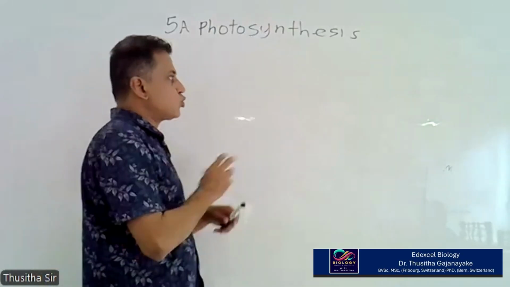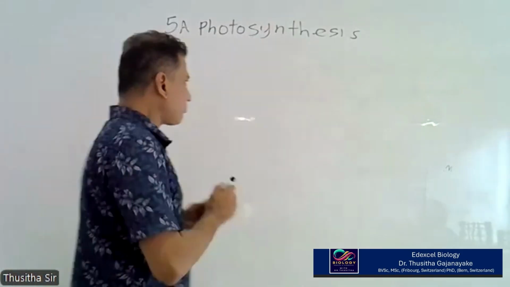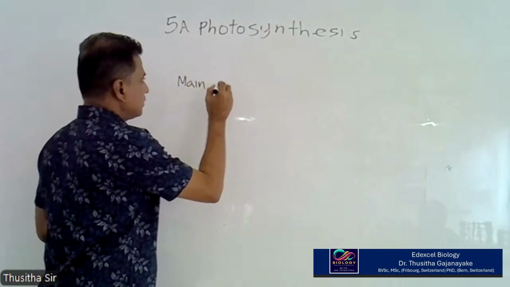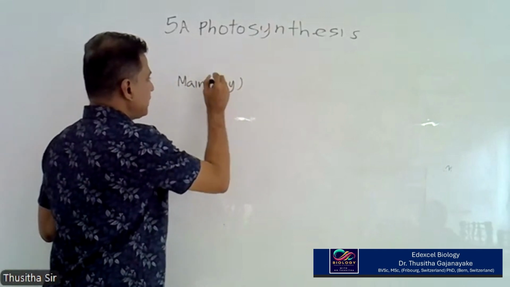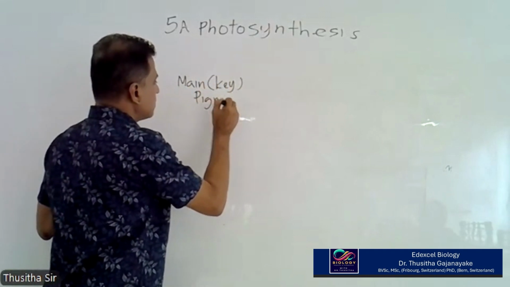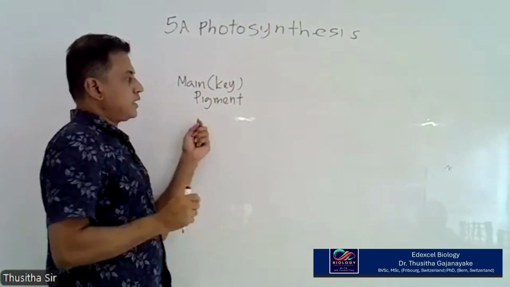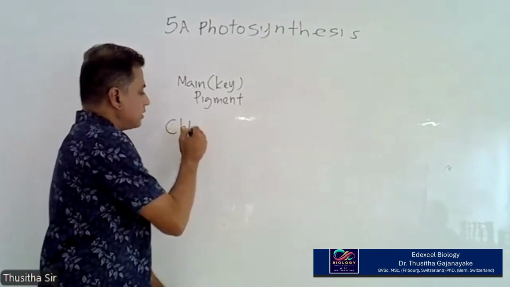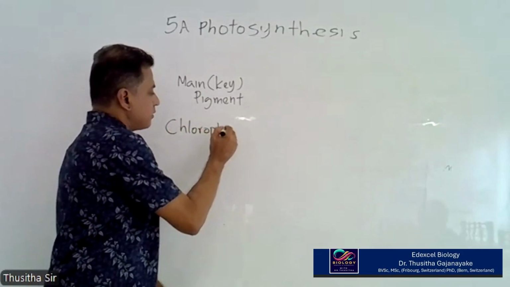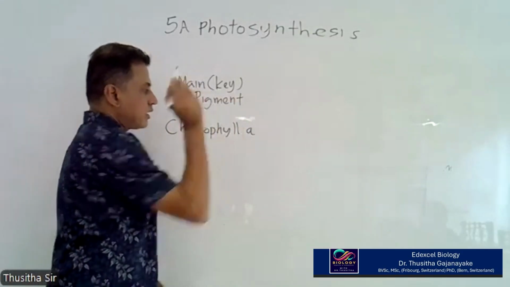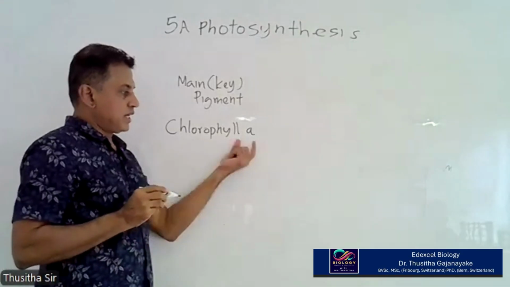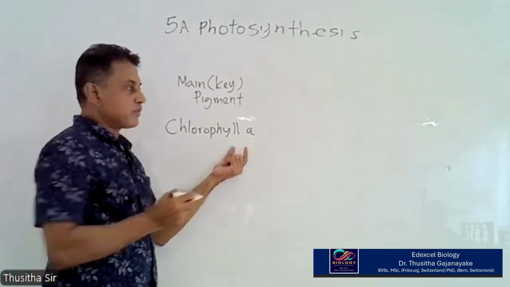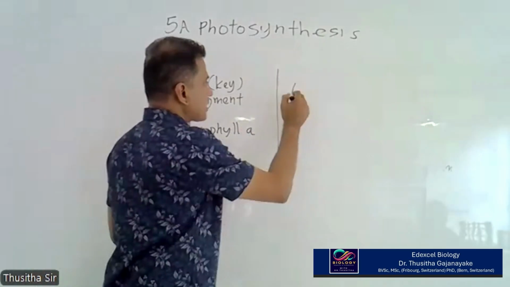We can find two types of pigment. One is called the main pigment, just the key pigment. You will understand later why chlorophyll A is a molecule and this is the main pigment. The other pigments are accessory pigments.